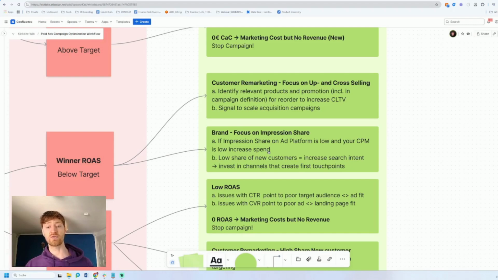Also, if the share of new customers is very low coming over your brand campaigns, while they have a high ROAS, you should increase the search intent, which means you should invest into more first touch points, similar to the winning customer remarketing campaigns, because then you can get them in at a very good price in branding when you increase the consideration by upper funnel and awareness campaigns. That's it for the winning part.